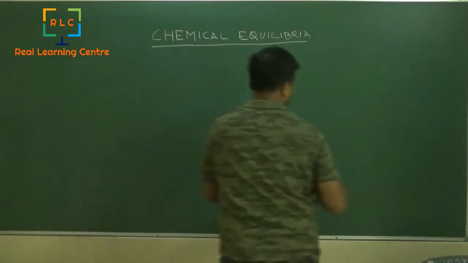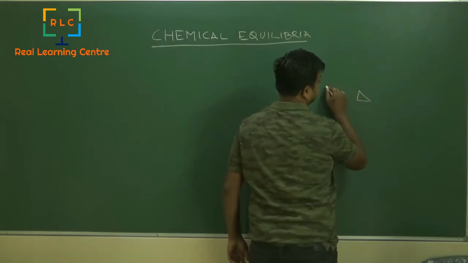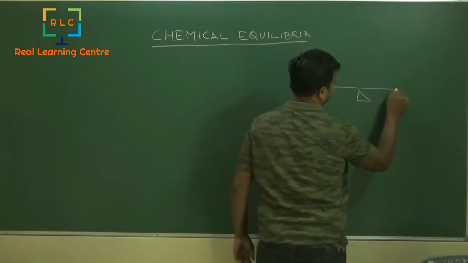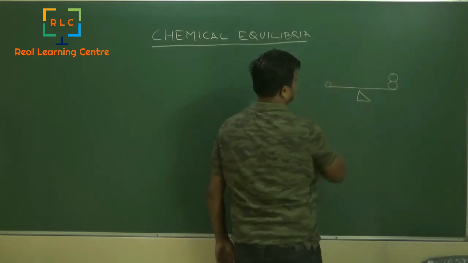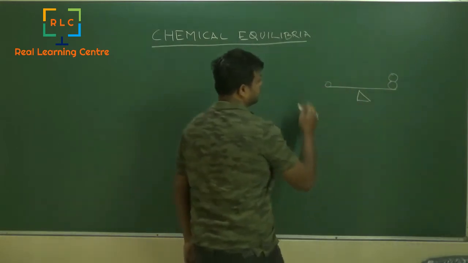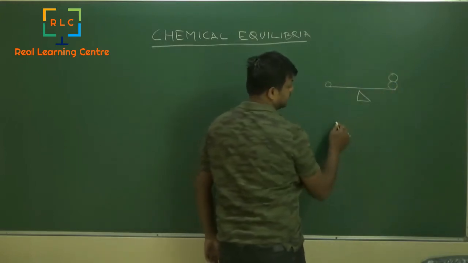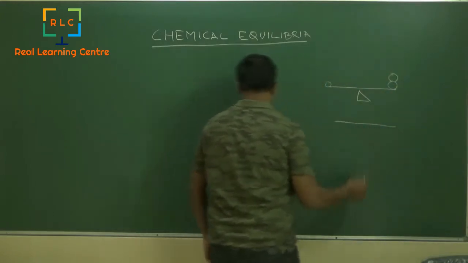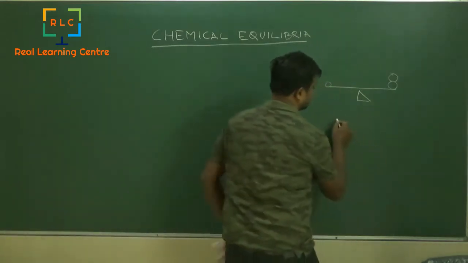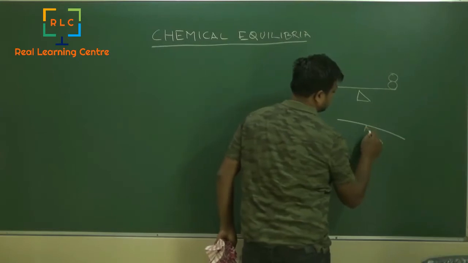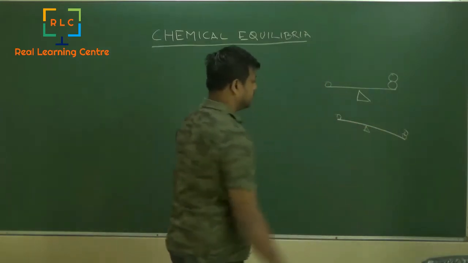So equilibrium means the stage where, let's say this is a seesaw and there are two balls here and just one ball here. So what will eventually happen is, this side being heavier, the balance will tilt in favor of the heavier side. So it will be something like this, where you have the heavier thing going down.